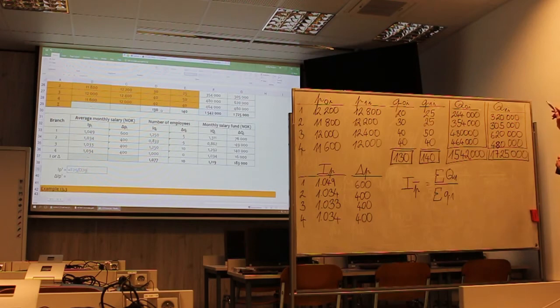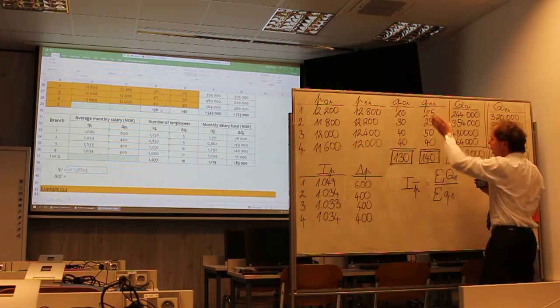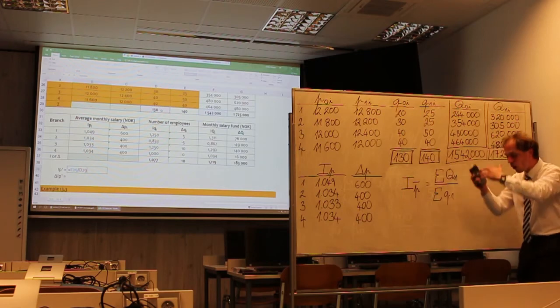Monthly money fund, all monthly money fund which you need in year 2011 for all your company, divided by number of employees in all your company.